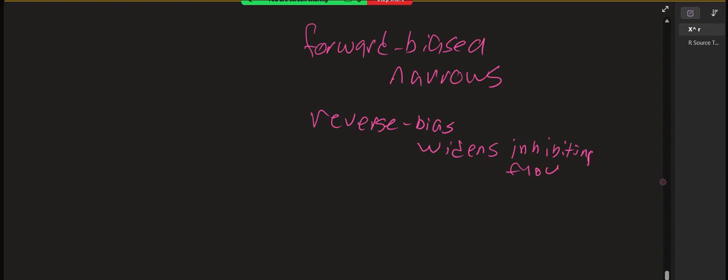Let's see, what's next? An N-type semiconductor has positively charged donors that compensate for the extra electrons, making the overall crystal charge neutral. This one is true. Why? Because it's a donor, like phosphorus.